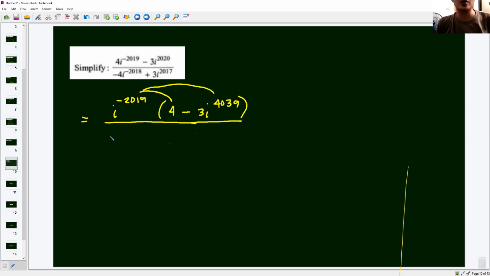Okay, good. Now, ganun din sa ilalim, I'll factor out the negative power 2018. Kaya mangyayari dyan, that's a positive 4, and then a minus 3i to the 4035.